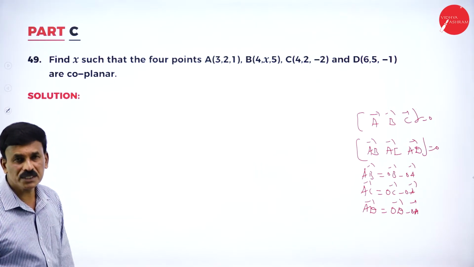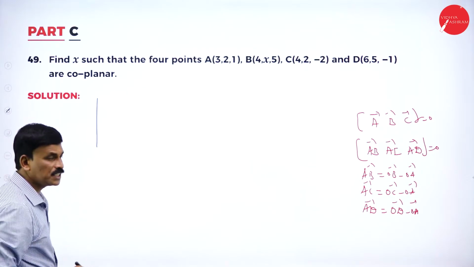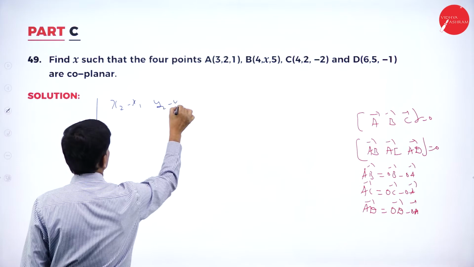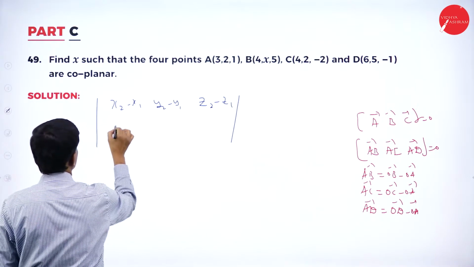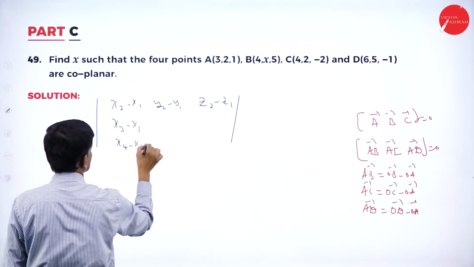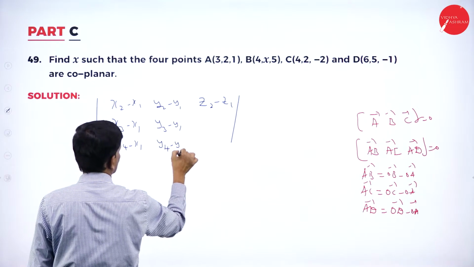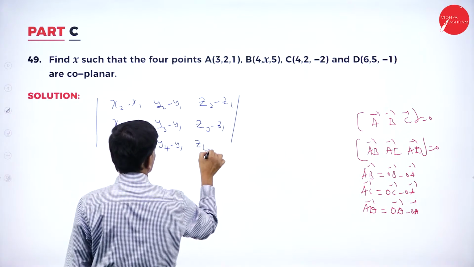There is one more method in 3D that you might have studied. For coplanarity, the determinant with rows x2 minus x1, y2 minus y1, z2 minus z1, similarly x3 minus x1, y3 minus y1, z3 minus z1, and x4 minus x1, y4 minus y1, z4 minus z1.